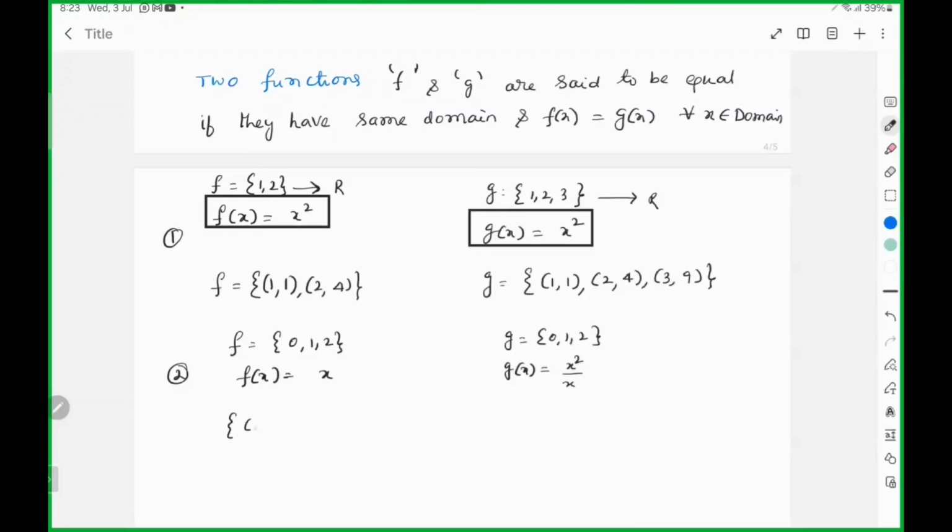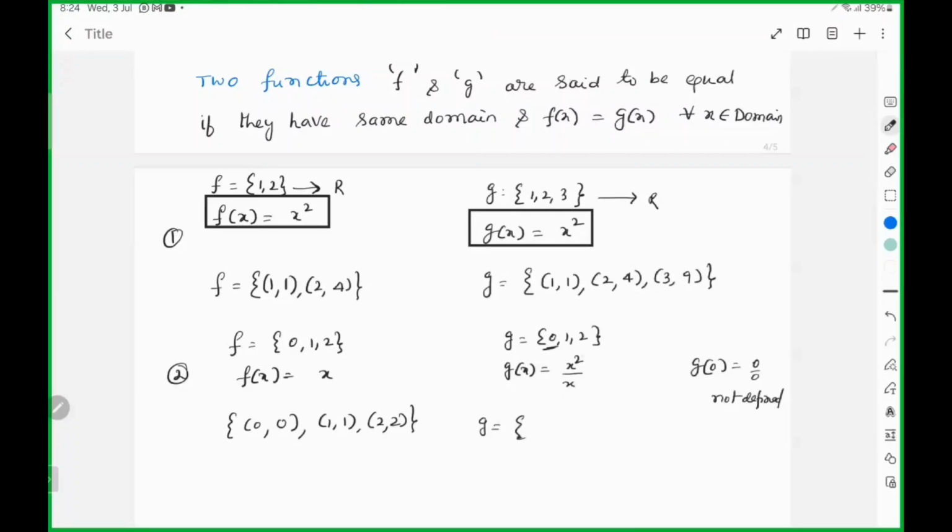But for input 0, f of 0 is 0, f of 1 is 1, f of 2 is 2 according to the definition. Here g of 0 is not defined.